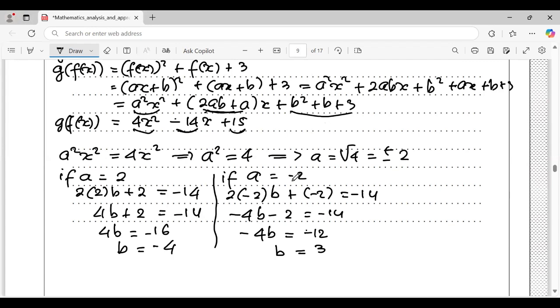How about if b equals 3? If b equals 3, 9 plus 3 is 12, 12 plus 3 is 15, so correct. So b equal minus 4 and b equal 3 are correct for this statement.